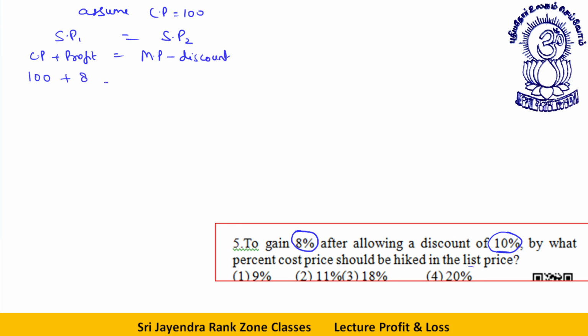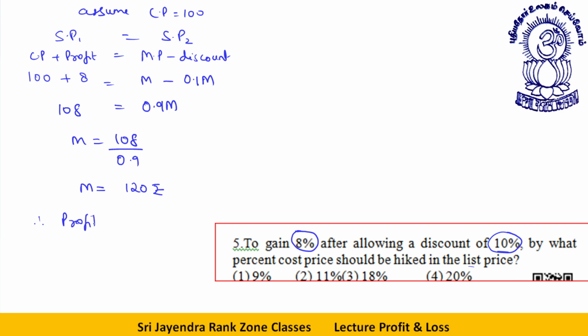To gain 8%, marked price minus discount of 10% comes out to be 0.9 M. So 108 equals 0.9 M, or M is equal to 108 by 0.9, which is 120 rupees. Therefore, profit on selling at marked price is 20%.